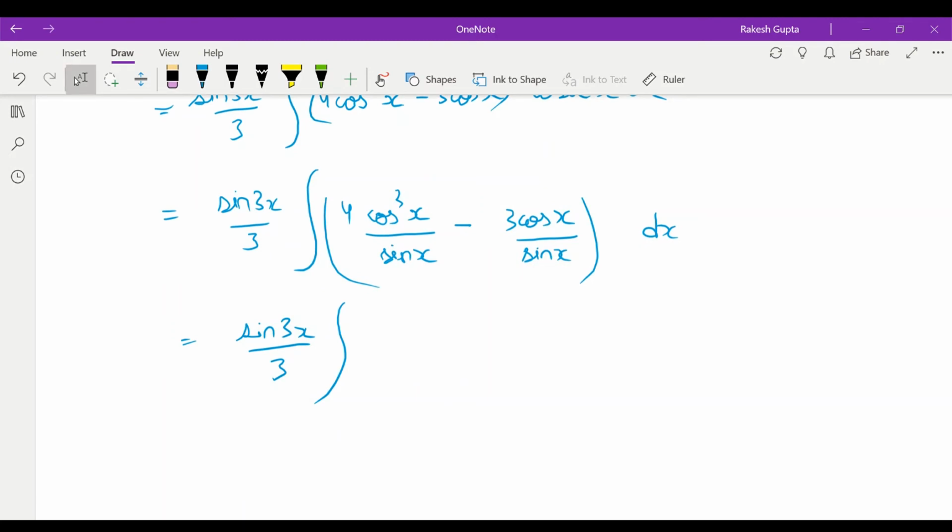So now one of the cos from cos cube x when divided by sin x becomes cot x. So I can write this as 4 cot x cos square x minus 3 cot x.